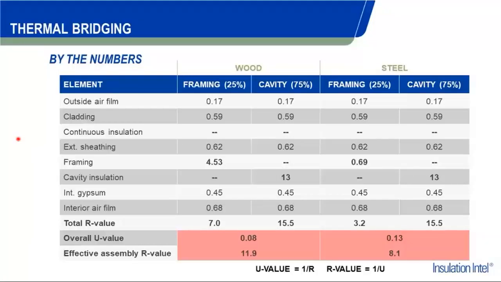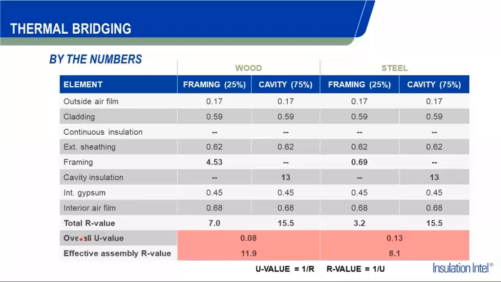In this particular case, we're leaving out the continuous insulation for this example, just to show you that if you're trying to calculate an R value of an actual assembly between the framing and the cavity, you would add these results up.